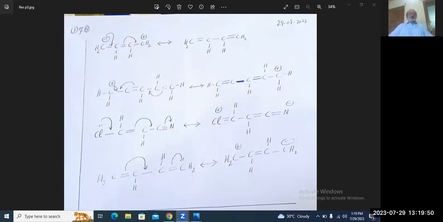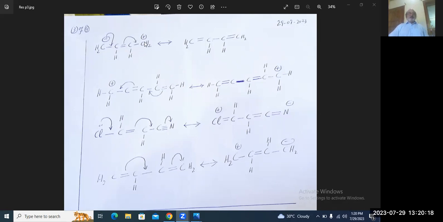So in case of this molecule, the electron density of this carbon is high, and here we have the deficiency of electrons. Here we have the double bond, which is alternating with the charge density here, and similarly alternating with the deficiency here.